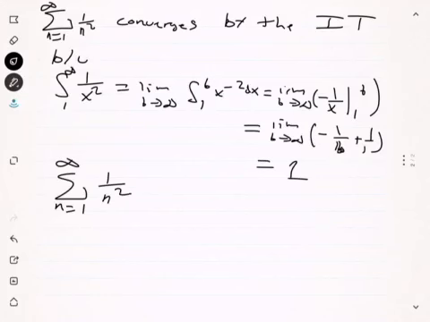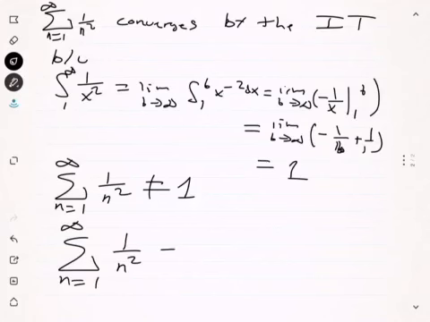However, the series 1 over n squared does not equal 1. In fact, the series 1 over n squared equals pi squared divided by 6. This is supposed to be calculus 2, so the reason this is pi squared over 6 is beyond the scope of this book.